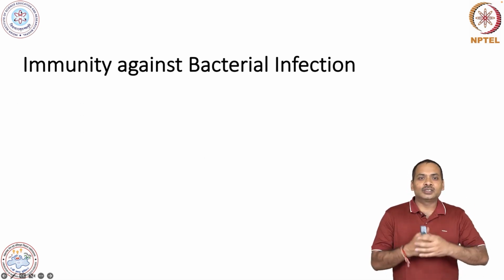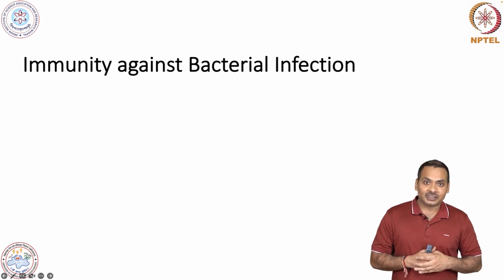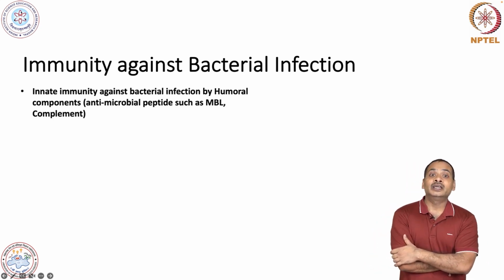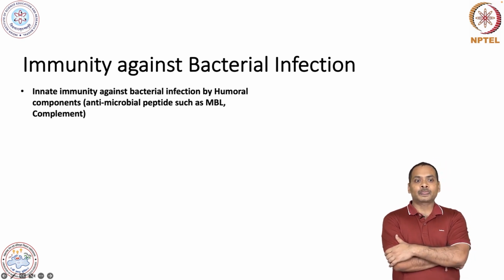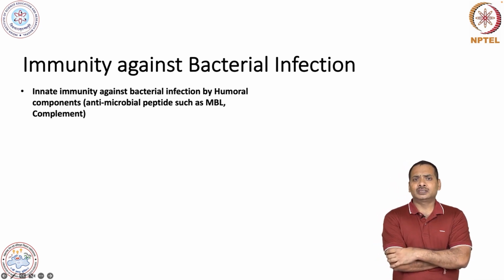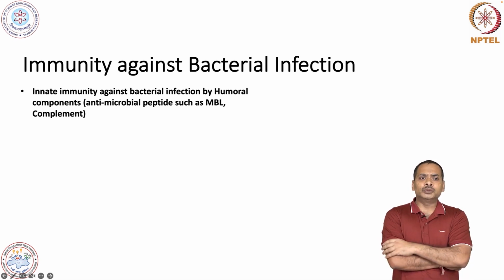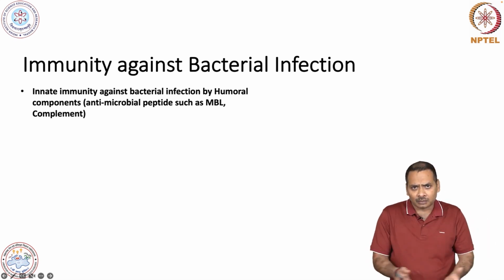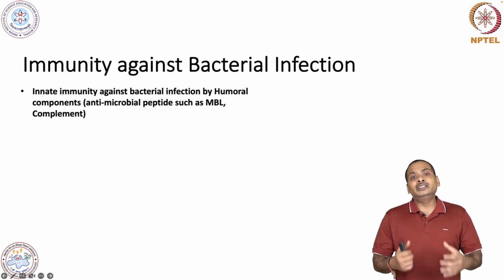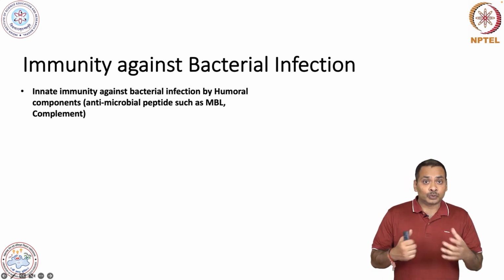Now let us look at what kind of immune responses are elicited against the bacterial infection. And in this series, first we will discuss the innate immunity. Okay. So innate immunity against the bacterial infection has basically two major components, as you have learnt earlier. First is the humoral component, the soluble component, and you have learned there are so many antimicrobial peptides or proteins.